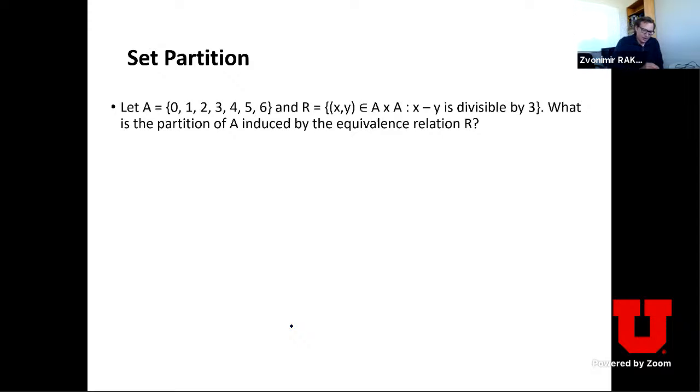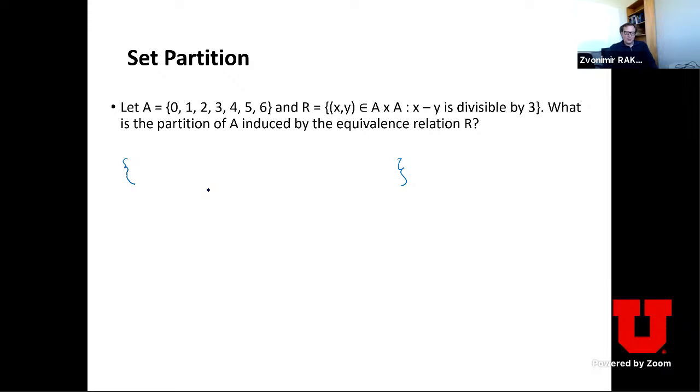So the partition is always a set, and it's a set of sets. So you will have a bunch of sets here, and this equivalence relation induces a partition.